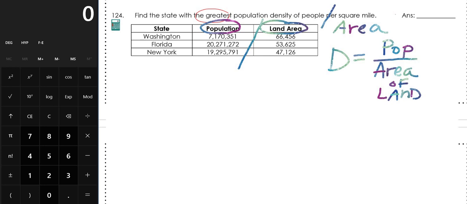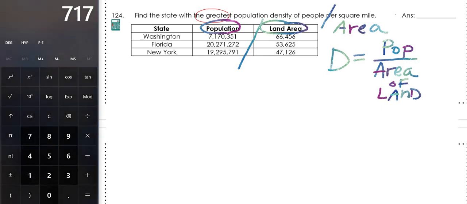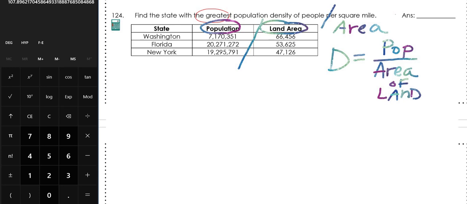Okay, first one. We get about 100 and, let's say 108 if I round to the nearest whole person. Okay, so I'm going to say it's about 108. Next one, Florida.